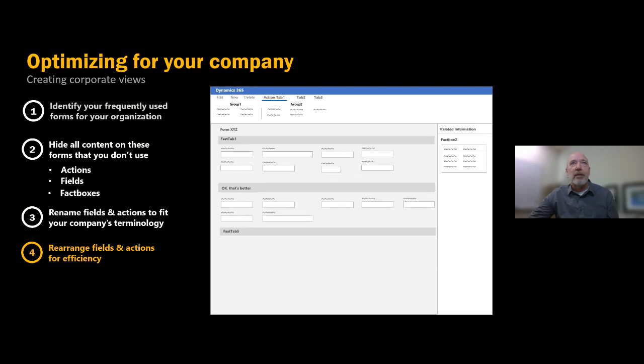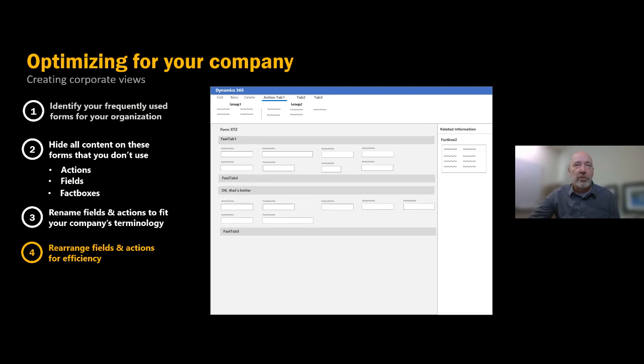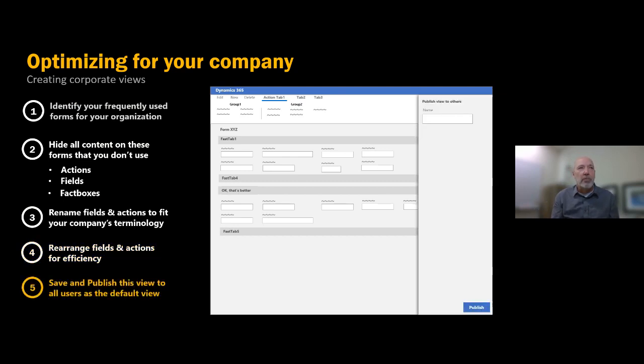If you want fast tab 4 up in the second position, go ahead and move that. And then lastly, like Jason talked about, save and publish these views to all of your users as their default view. We think these corporate views are really a great baseline for everybody in the organization, so you're not seeing content that doesn't make sense for your organization.